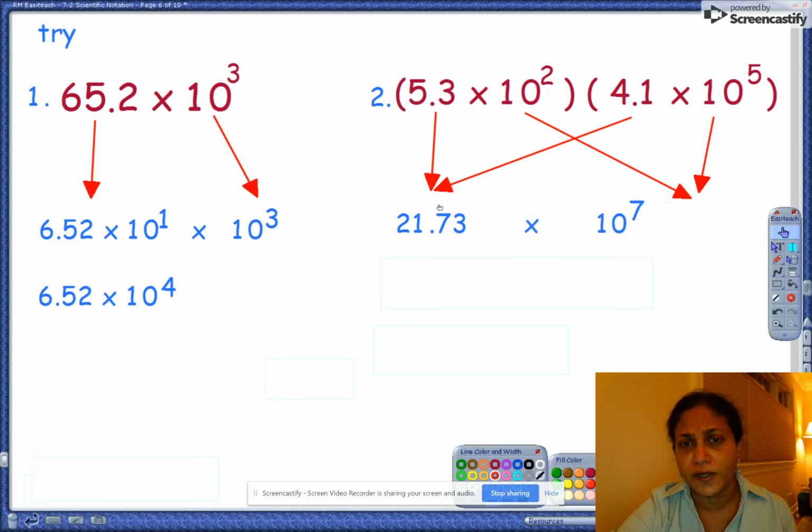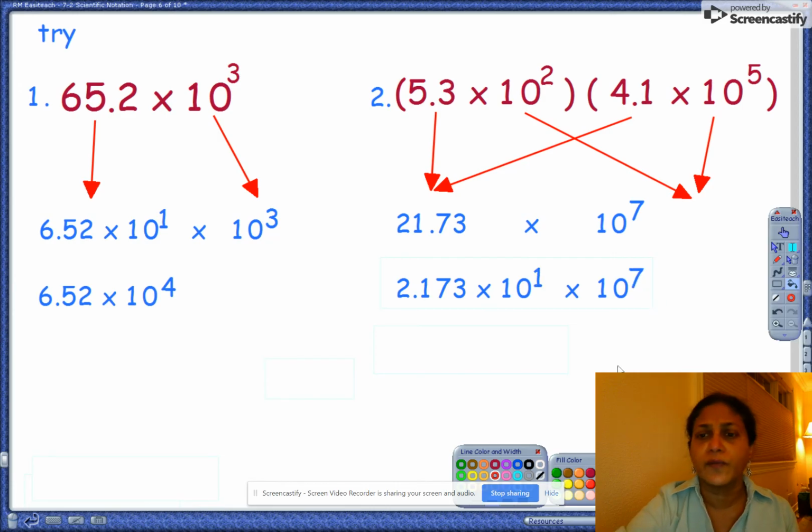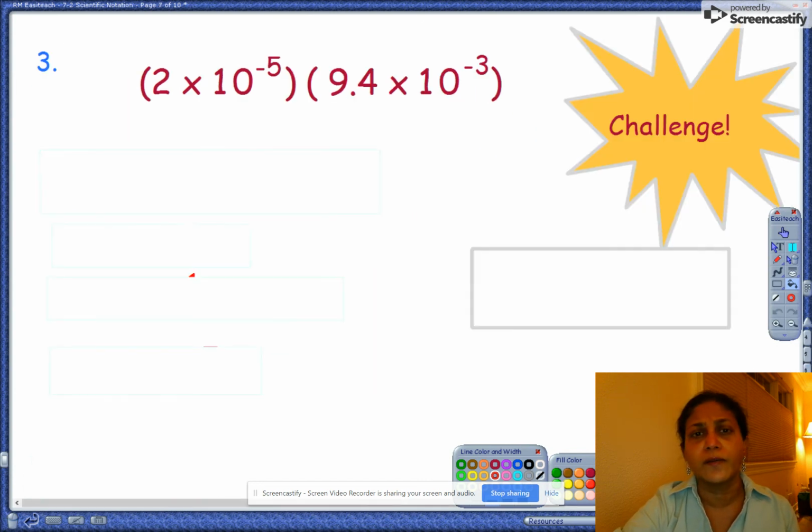But the first factor is not the correct factor. We need to change it. So it becomes 2.173 times 10 to the first. And we're going to combine the powers of 10, and it's 10 to the eighth. You may want to rewatch this so you understand it better.